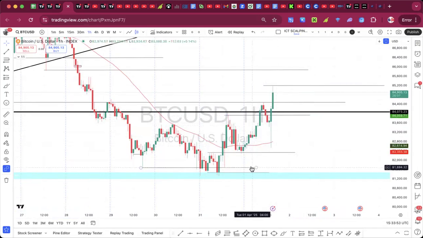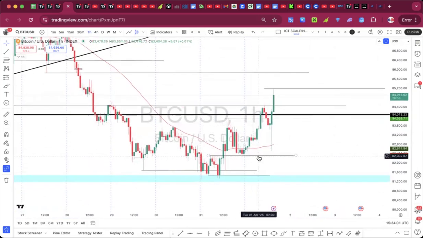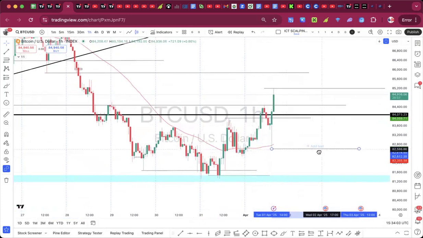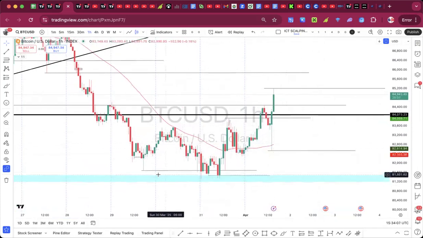This point still remains valid. So I probably would take another point that was created here. Then I'll take another point here.